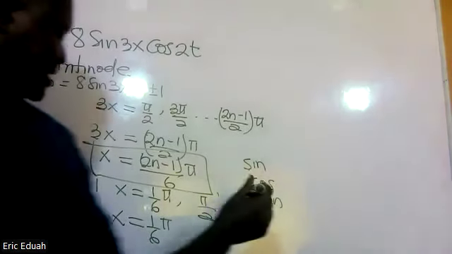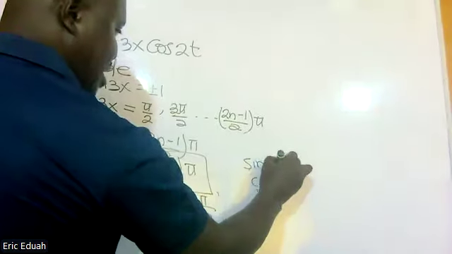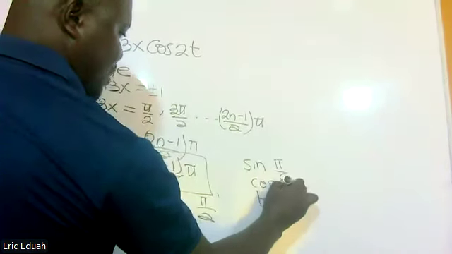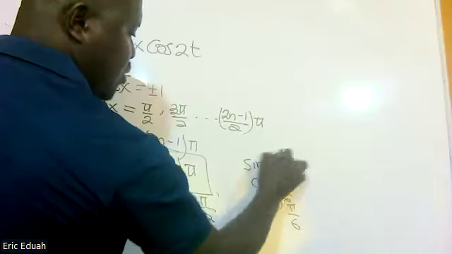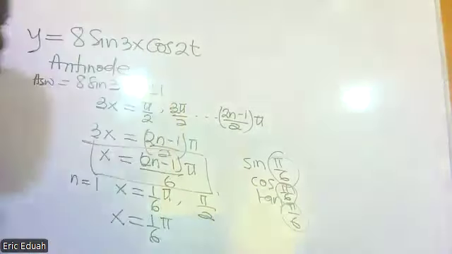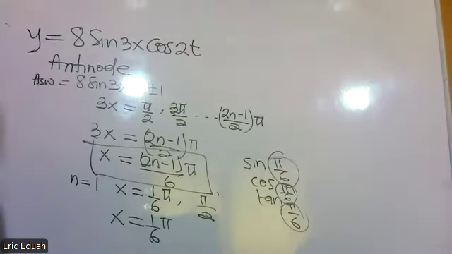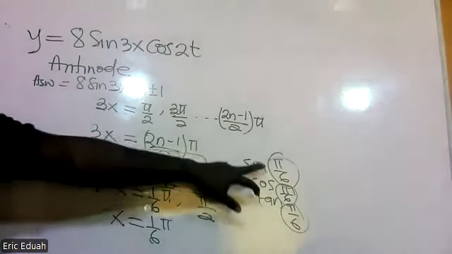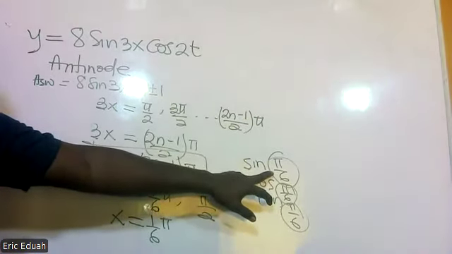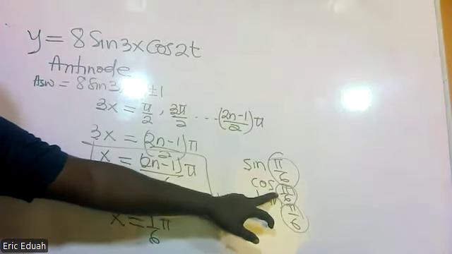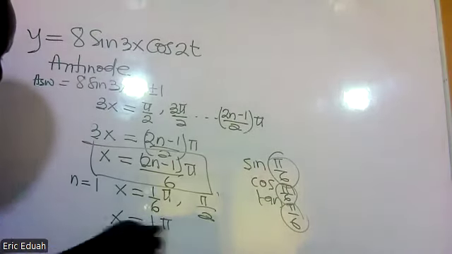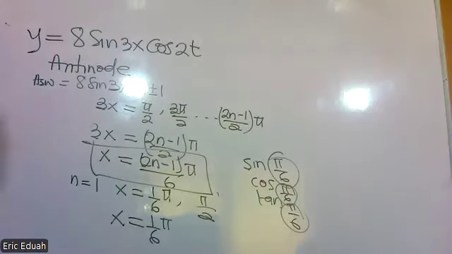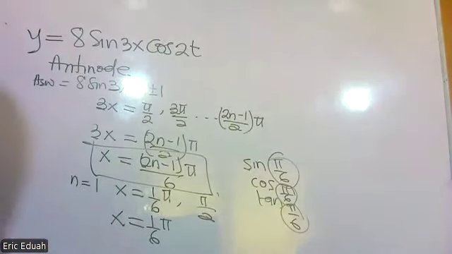So if I have sine pi on 6, cos pi on 6, tan pi on 6, whatever is here is an angle in radian. This is equal to an angle of 30. But if pi occurs like this, pi value is 22/7.